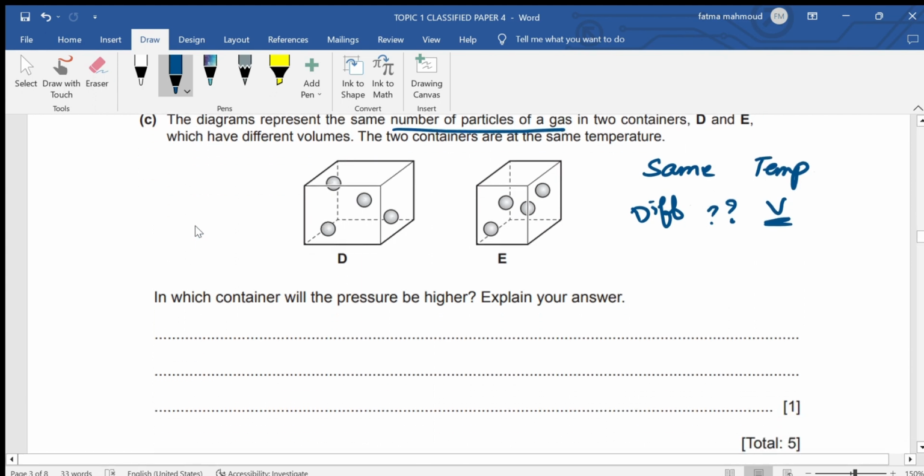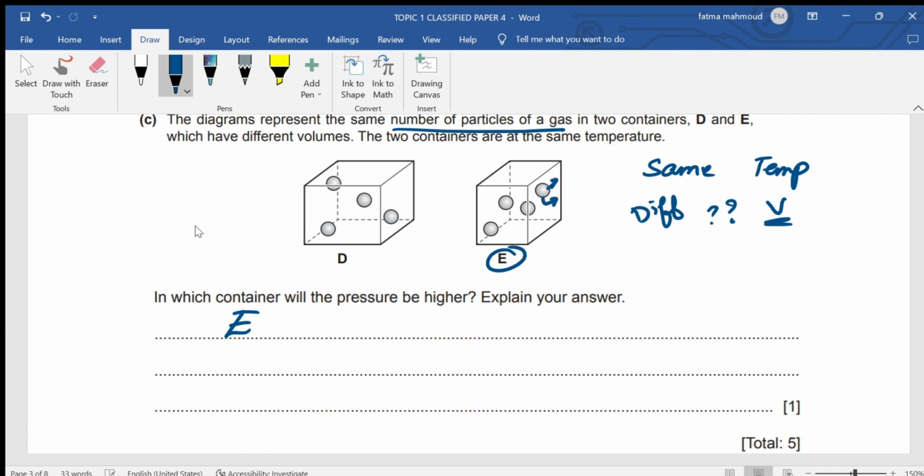In which container will the pressure be higher? The pressure will be higher in container number E. Why container number E? Because container number E has smaller volume. So smaller volume means the particles hit the walls of the container more often.